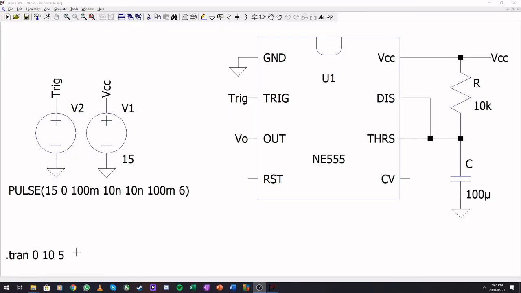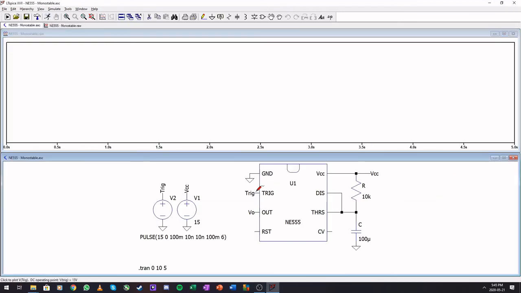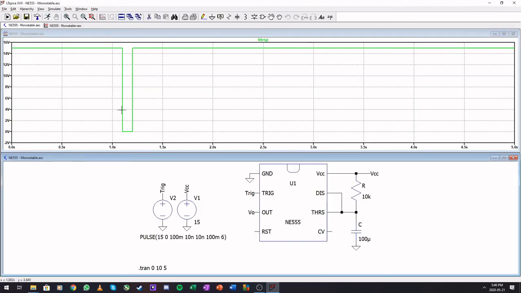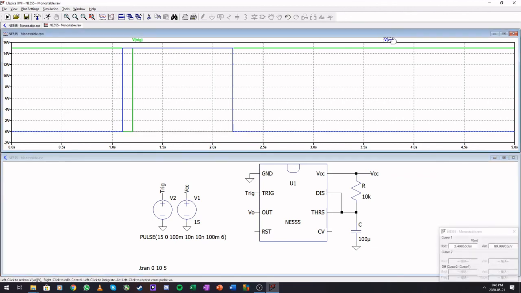Okay, here I have my monostable set up. Capacitor, 10K, run it. We can look at our trigger. I set my trigger up for 100 milliseconds. Measuring the output, it goes high right after the trigger for roughly 1.1 seconds.